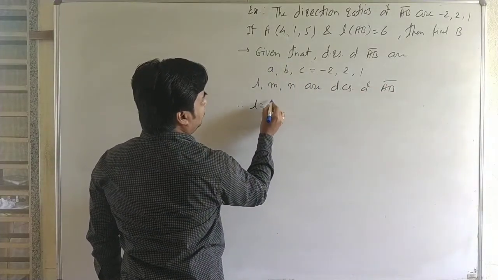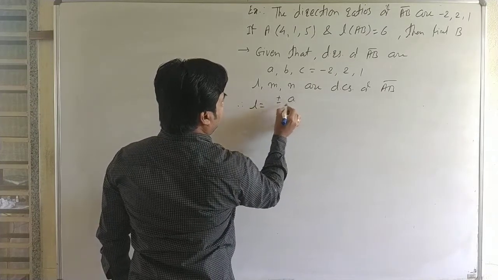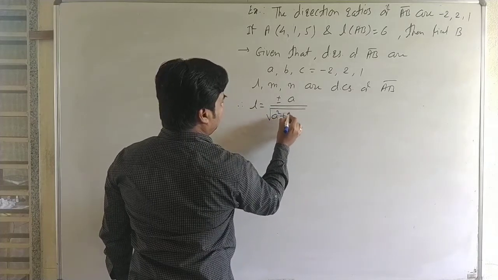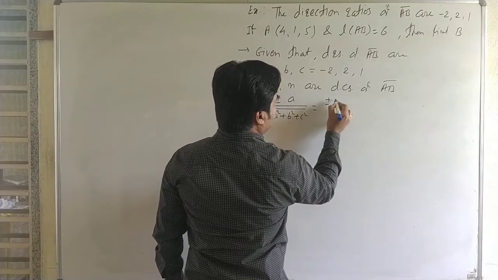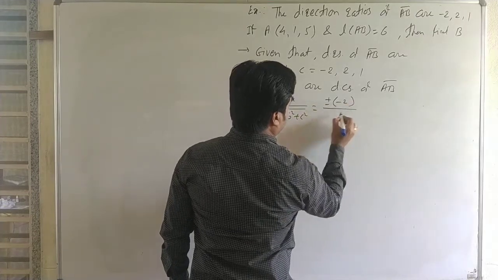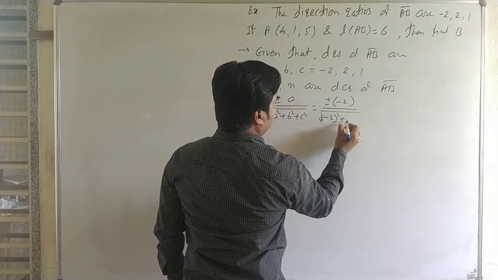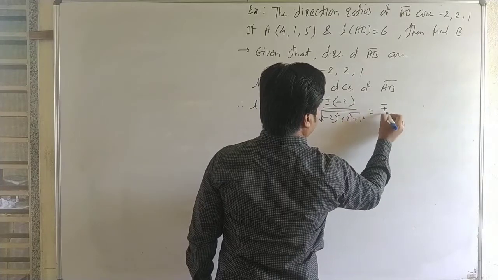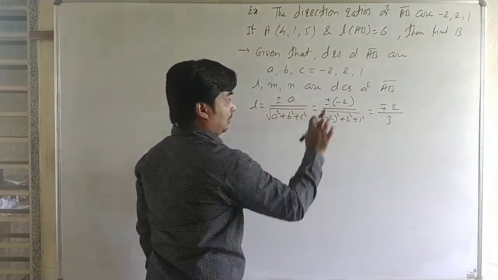L is equal to plus or minus a upon under root a square plus b square plus c square, so it is minus plus 2 upon under root of minus 2 square plus 2 square plus 1 square, which is minus plus 2 upon 3.